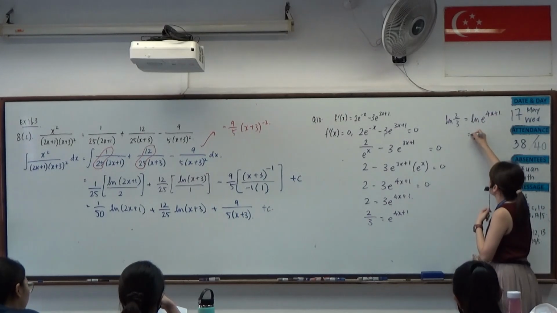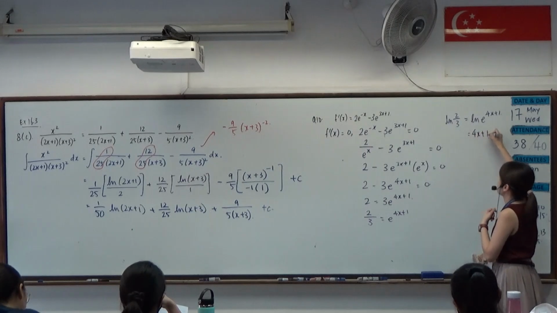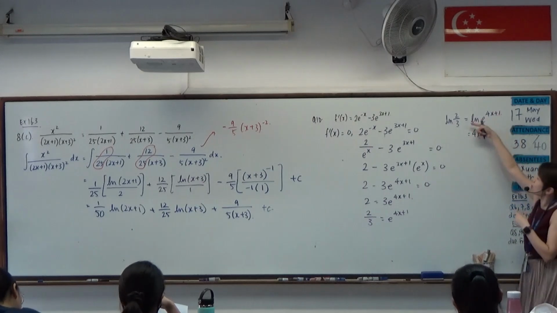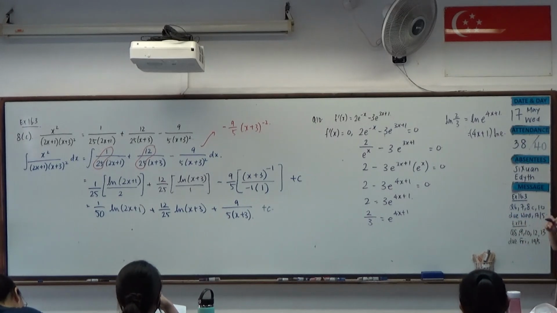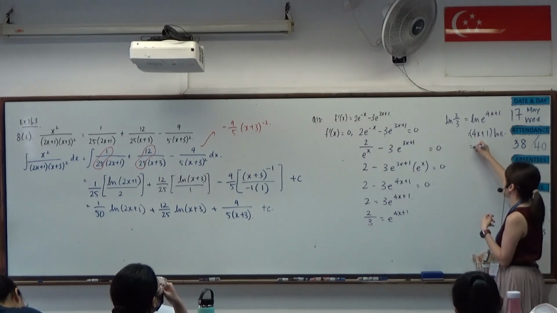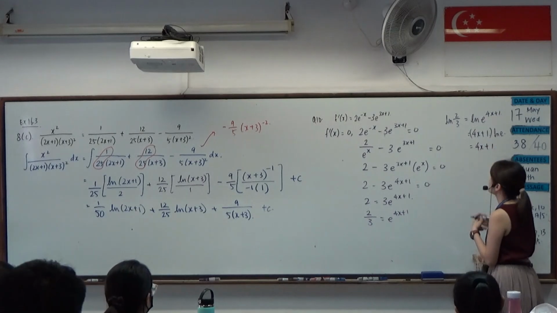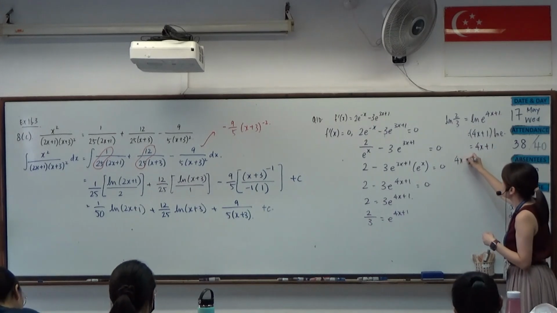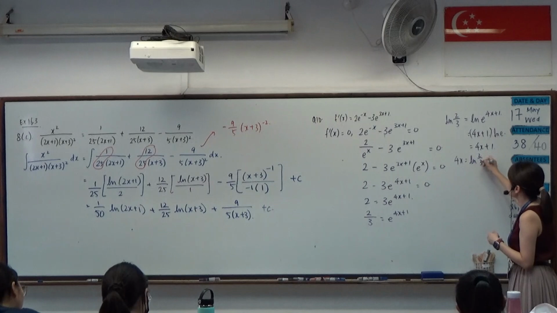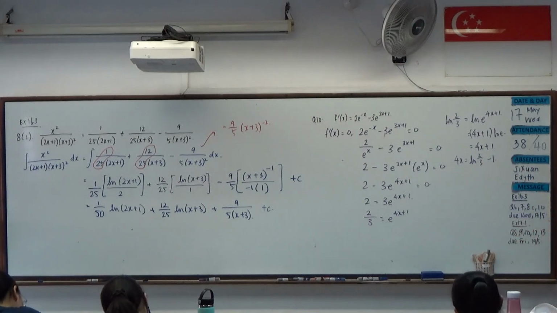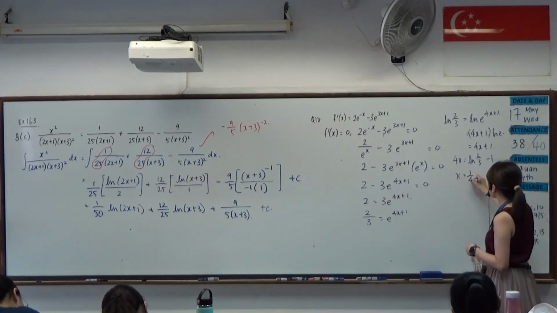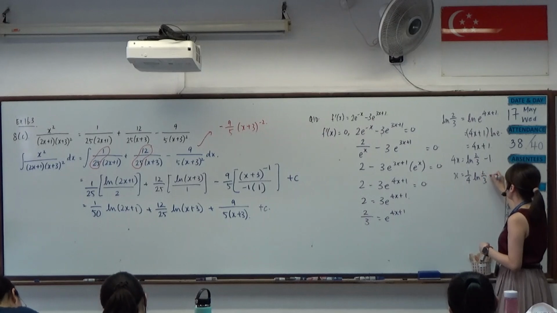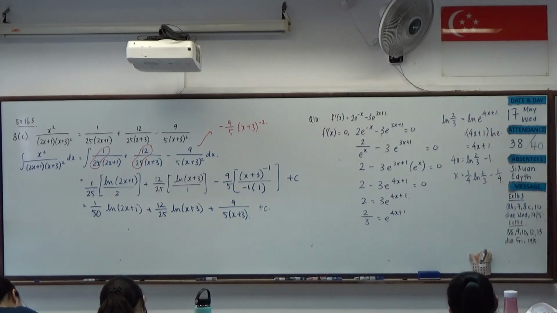And that will arrive at 4x plus 1 on the right hand side, since you can break down the power, followed by ln e, and ln e is equal to 1. So 4x equals ln 2/3 minus 1. Be careful, there are no brackets at all, it's just ln 2/3. And then x equals 1/4 ln 2/3 minus 1/4, where I divide across by 4.